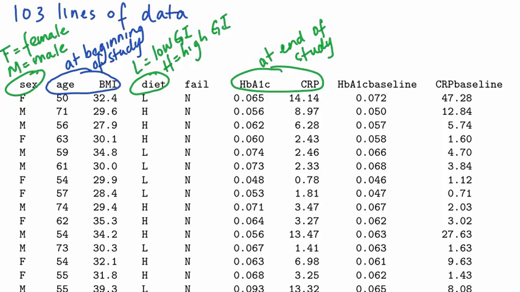Some of these other variables you might not have been expecting to see. The variable fail is Y or N for yes or no, and it's an indicator of treatment failure. The yeses are subjects who met the inclusion criteria for the study, but then they needed to drop out because their medical advice changed and they were put on medication to control their diabetes. And you might recall that one of our inclusion criteria was to only study diabetics who were being treated by diet alone.